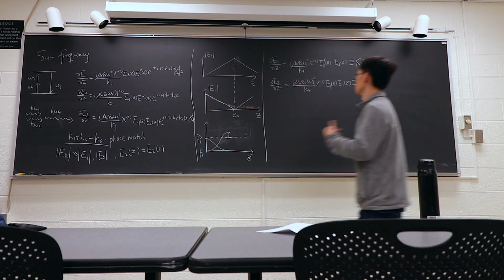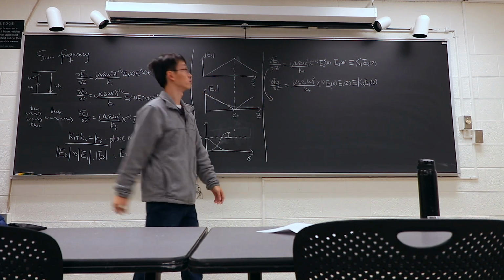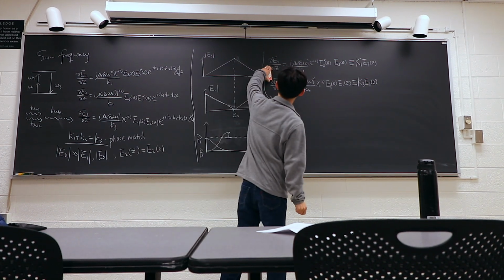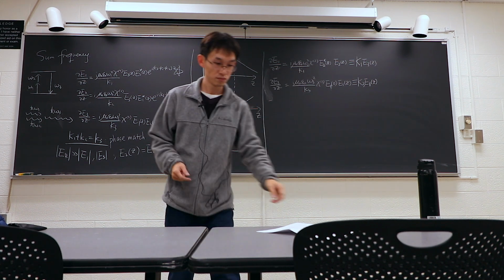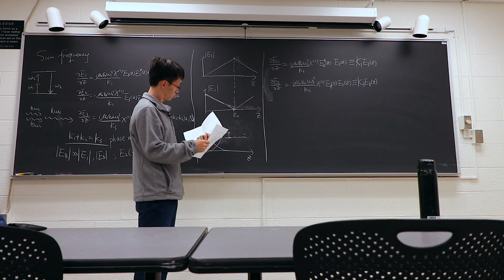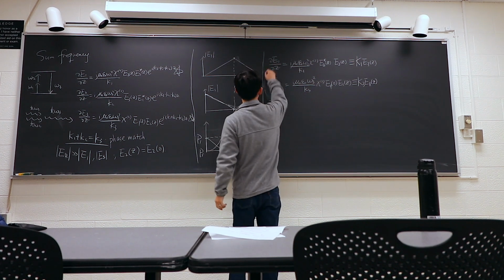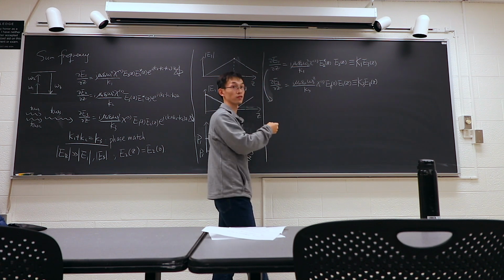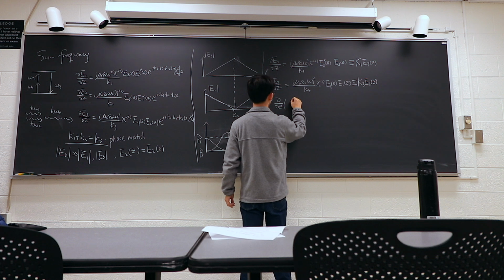Okay, the way to solve this is, again, you do a derivative on, let's see, which one do we want? You can do both. I guess it doesn't matter, so let's do it on E1 first. What you can do is take a derivative of Z on the entire equation.